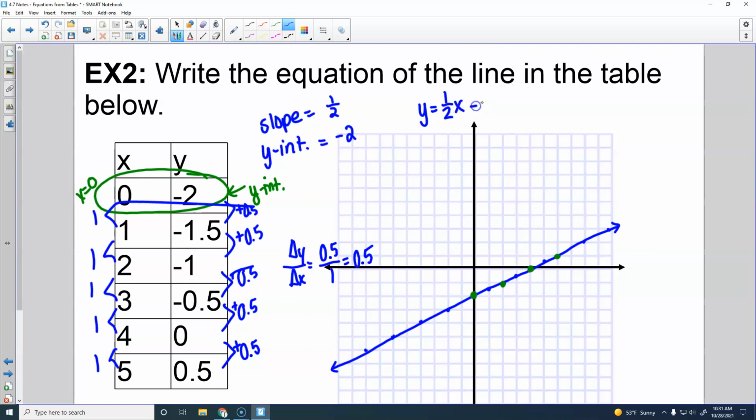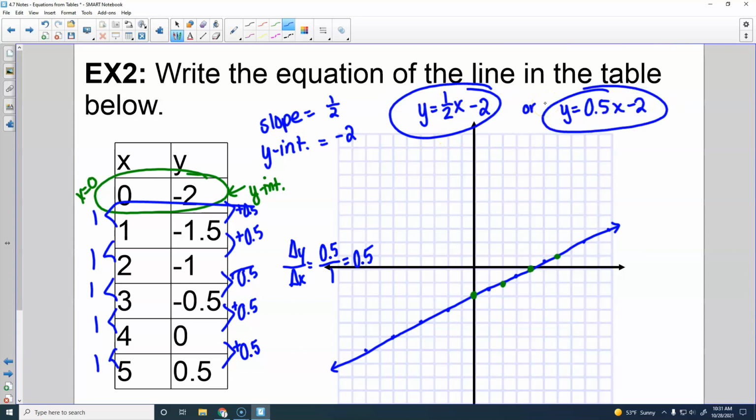So we do 1/2 x minus 2. Or if you write it as 0.5 x minus 2, that's fine also. So you could either do this one or this one. Okay, questions?